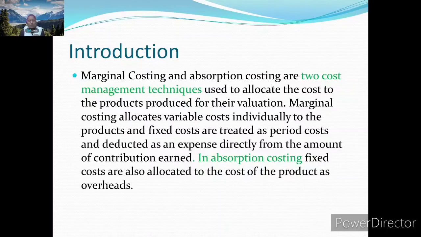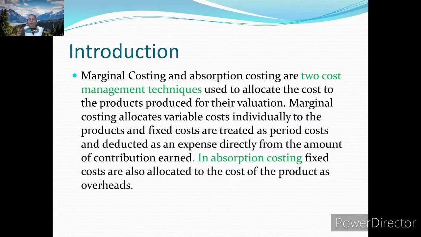Let us recap what we have understood. The first thing is that marginal costing and absorption costing are the two most important cost management techniques. Second, these are used for what purpose? To allocate the cost to the products produced, for valuation purposes.